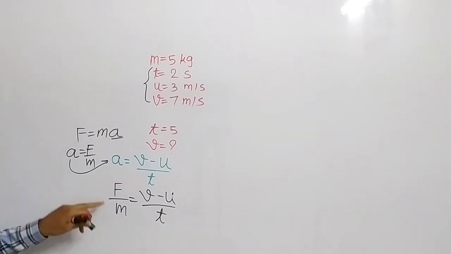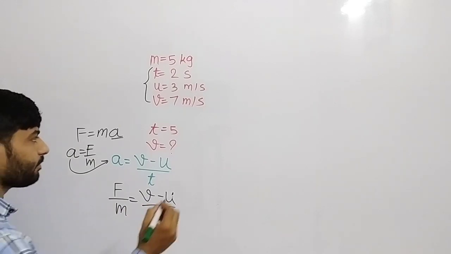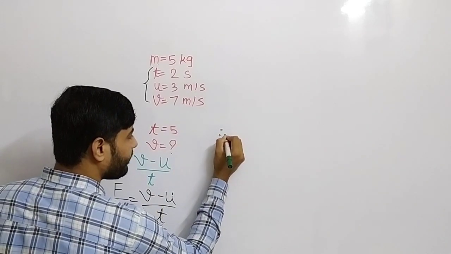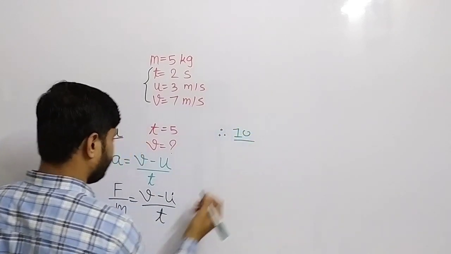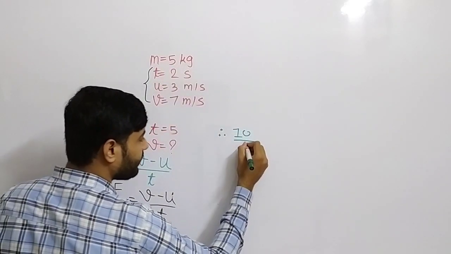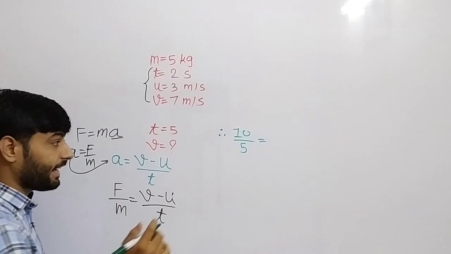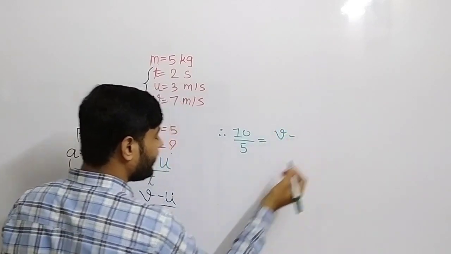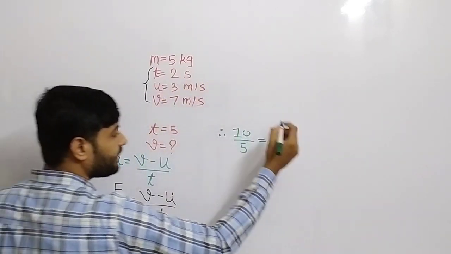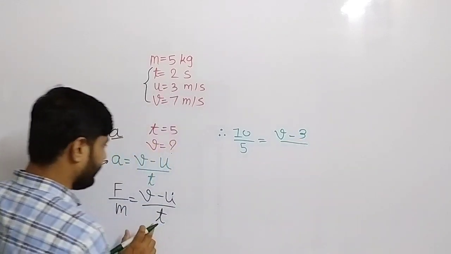So I have F, that is 10, divided by m, that is 5, is equal to V, which in this case we have to find, minus U, that is 3, divided by T.